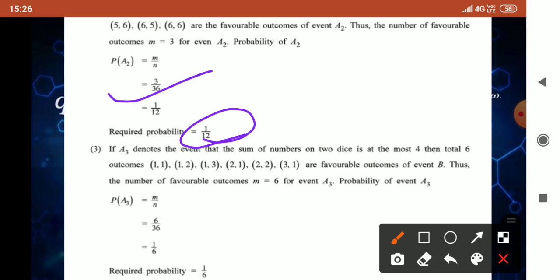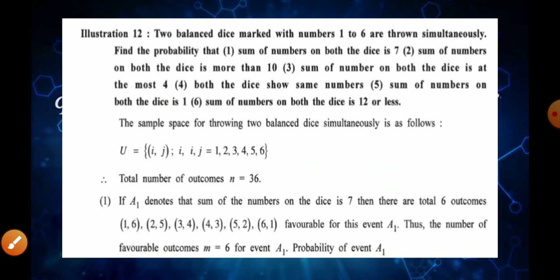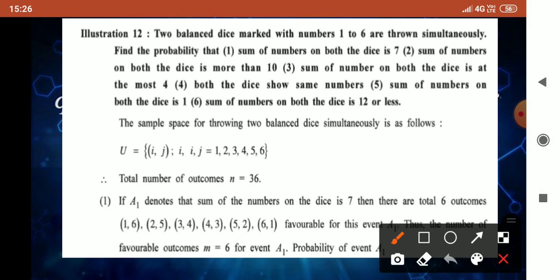Okay, next, number 3. The sum of the numbers on both the dice is at the most 4. Maximum should be 4 at the most. So 0 will not be there because the sum minimum will be 2. So 2, 3 or 4, maximum 4 should be there.